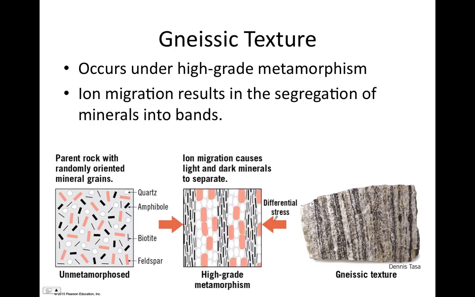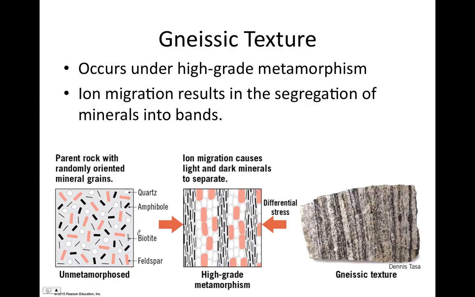Finally, we have the foliated texture that develops under high-grade metamorphism, and this is what we call gneissic texture. What happens is the micas break down and recrystallize into different minerals, and those minerals separate into bands, with ferromagnesian silicates aggregating into bands, and non-ferromagnesian silicates aggregating into bands. So here, for example, we have quartz crystals, biotite, amphibole, and feldspar crystals.